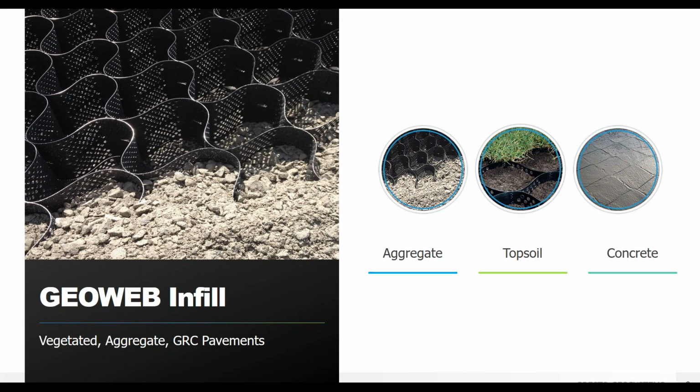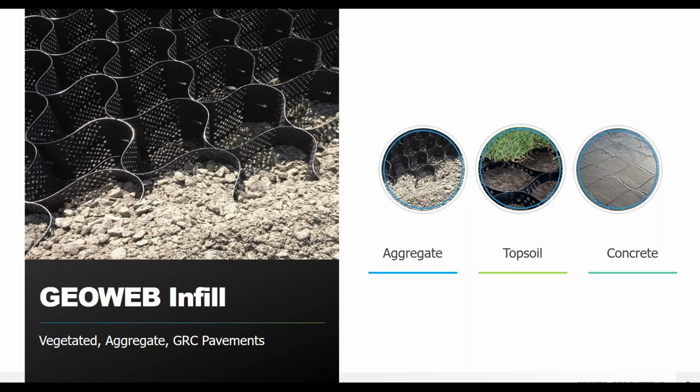And the ability to use sands and other low quality aggregates really sets the GeoWeb system apart from things like planar geogrids or geotextiles. And that's a function of the fact that it has a defined depth. It's a 3D system. And so things like geogrids usually require a high quality material that has a really high friction angle, like a really good engineered stone, to achieve their optimal performance.